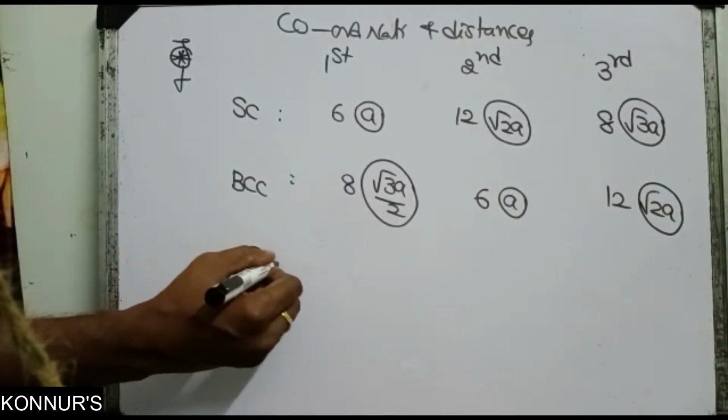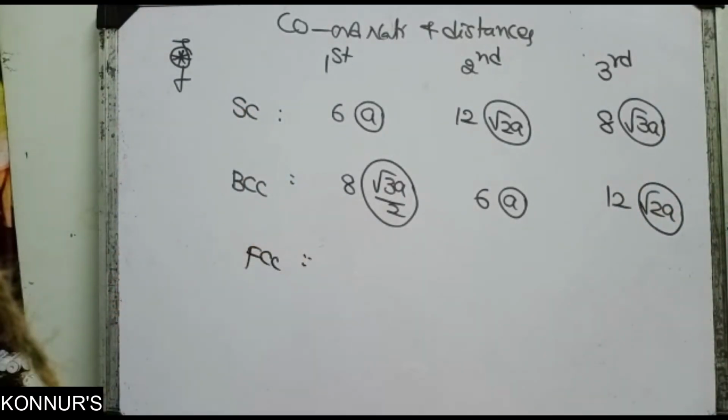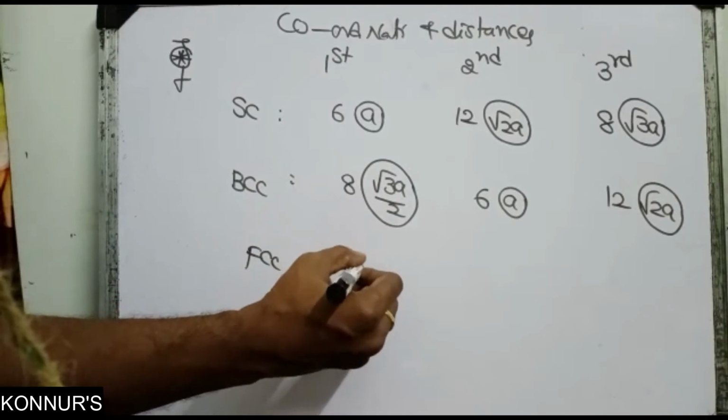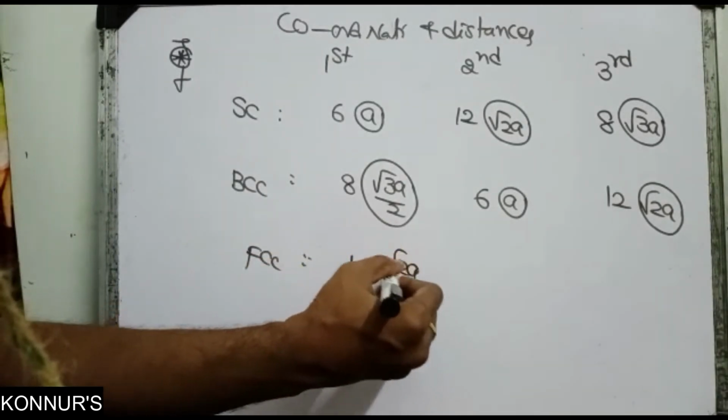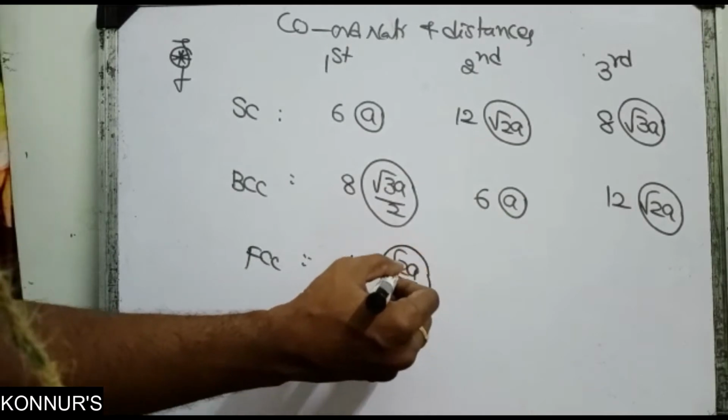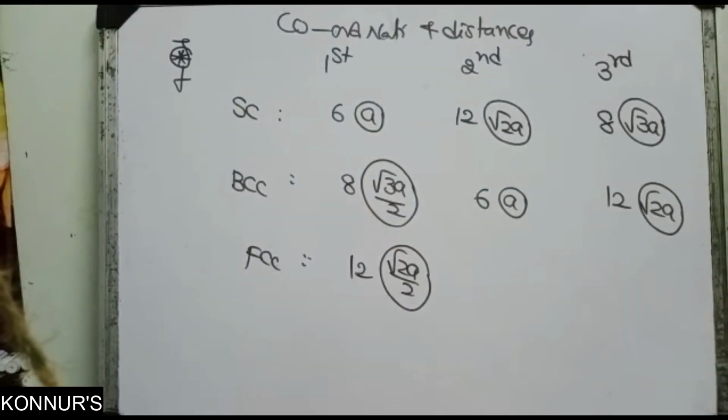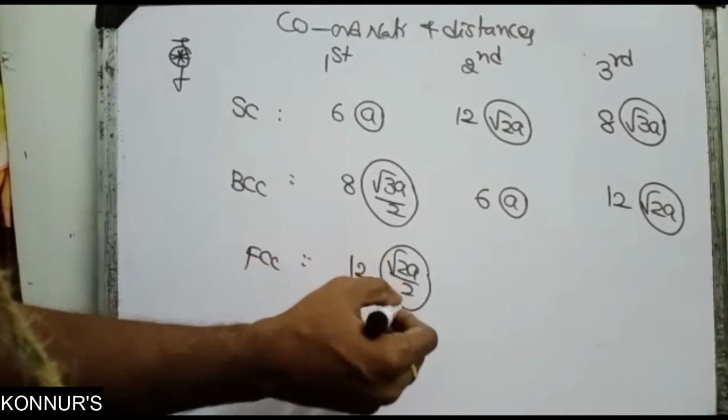Next, FCC. FCC means face center points and corner points. The first nearest is the face center. Face center means 12, and the distance is root 2 a by 2, otherwise a by root 2.